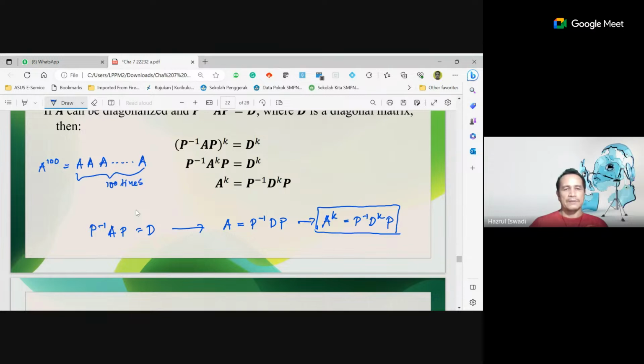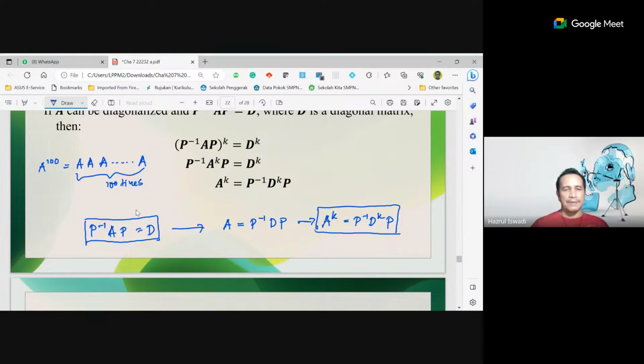You can imagine how long it must take to calculate 100 times of A. But if we have this condition, it means that we have P and we have D like this.